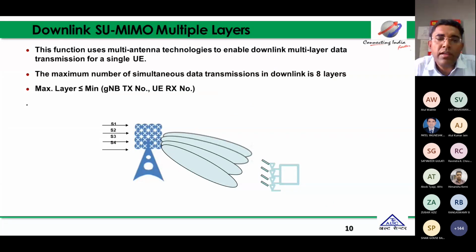This one is the downlink single user MIMO. What 3GPP specified: the function uses multi-antenna technology to enable downlink multi-layer data transmission for a single UE. Single user MIMO means all the layers are transmitted towards the single UE.